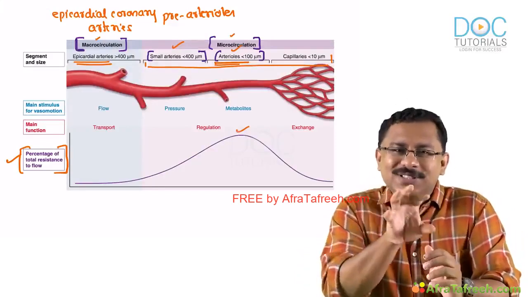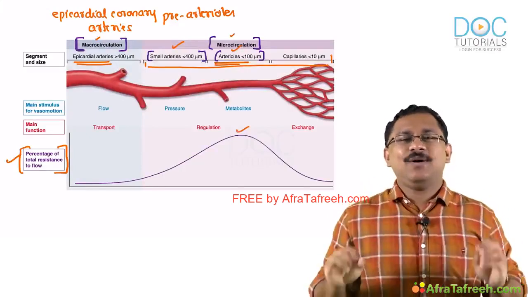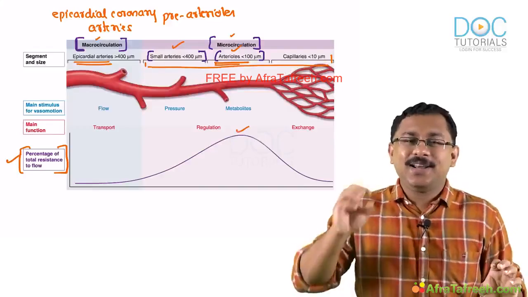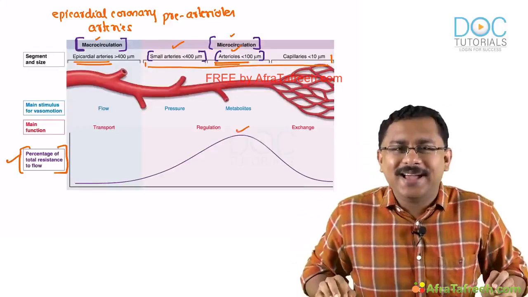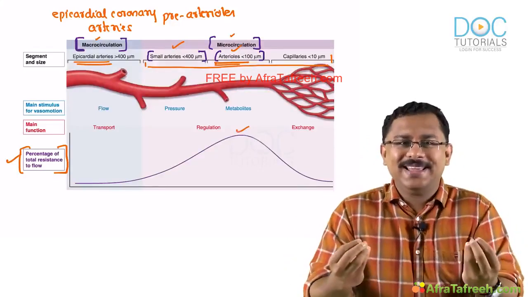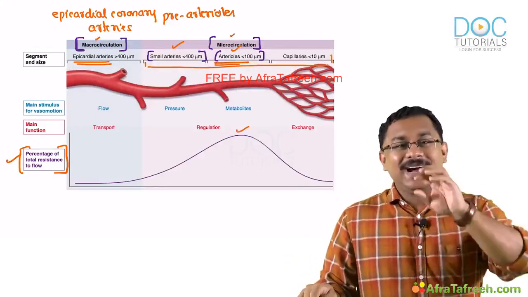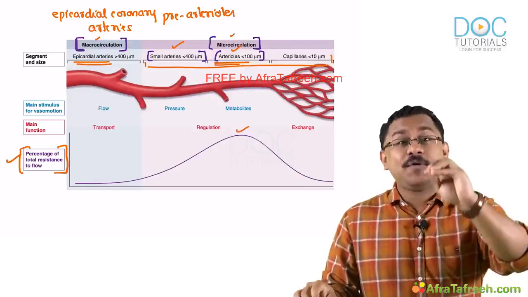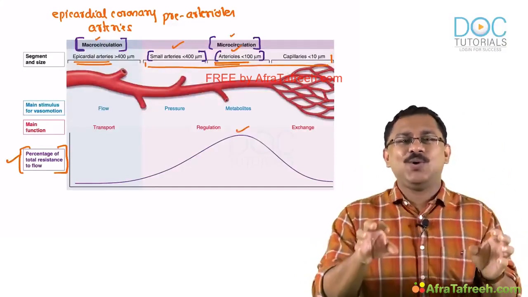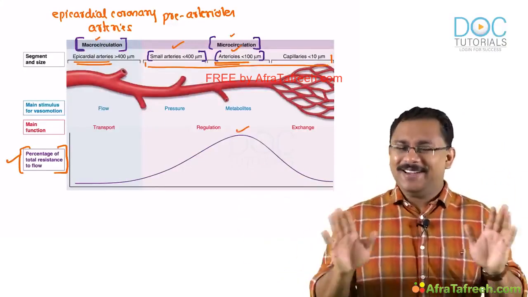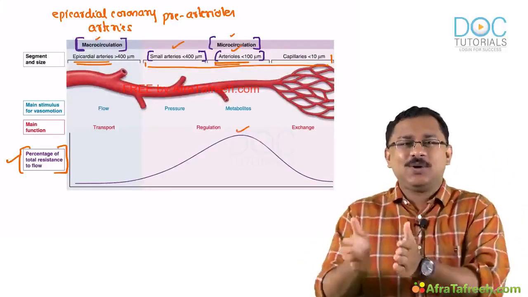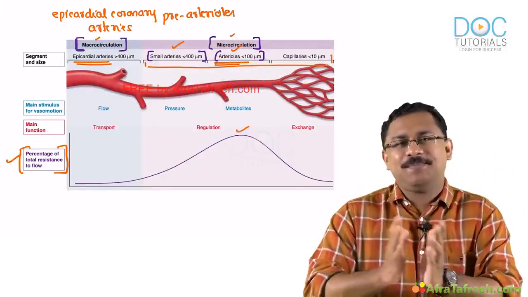If no such adjustment happens, at times of increased demand there will be ischemia to your cardiac myocytes, and subsequently there can be a myocardial injury. That again underlines the importance of your microcirculation in adjusting to the various myocardial demands. Very good. So it's not only macrocirculation, but the microcirculation is also very important.